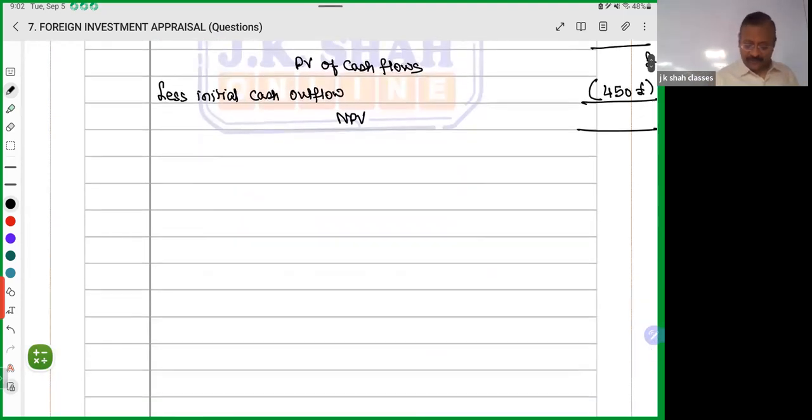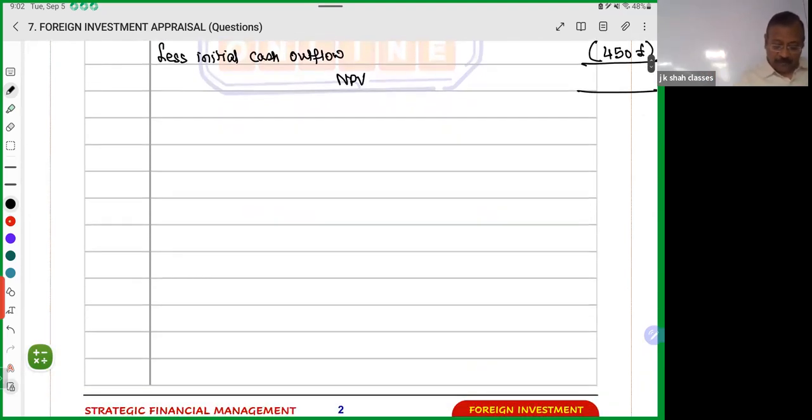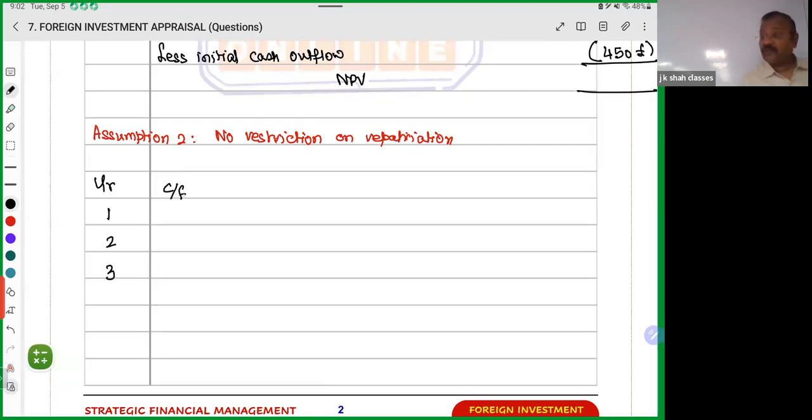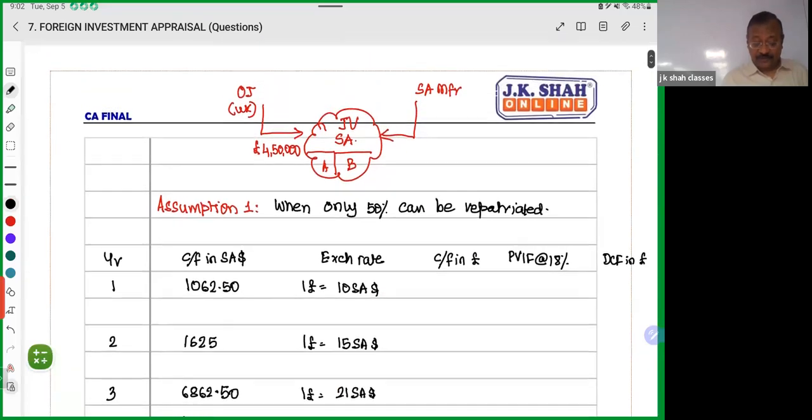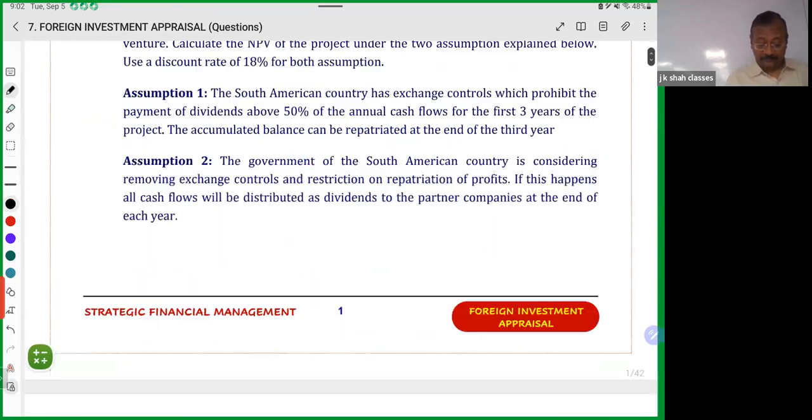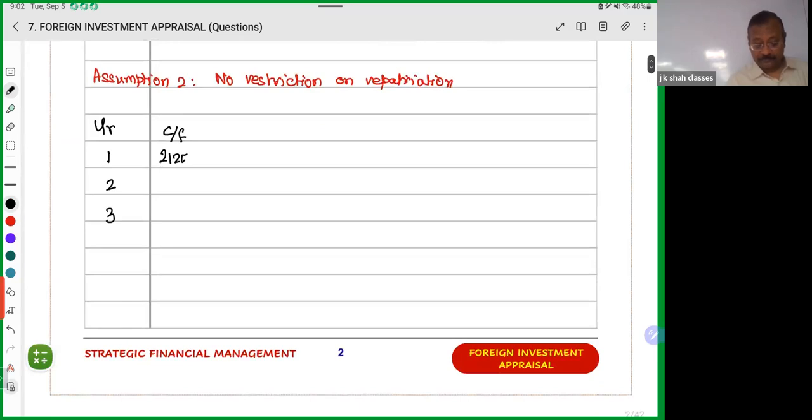One minute, before you do this. What about assumption 2? What are they talking about? No restrictions on repatriation. Now, no restriction on repatriation means the cash flows will be what? First year cash flow 2125, right?